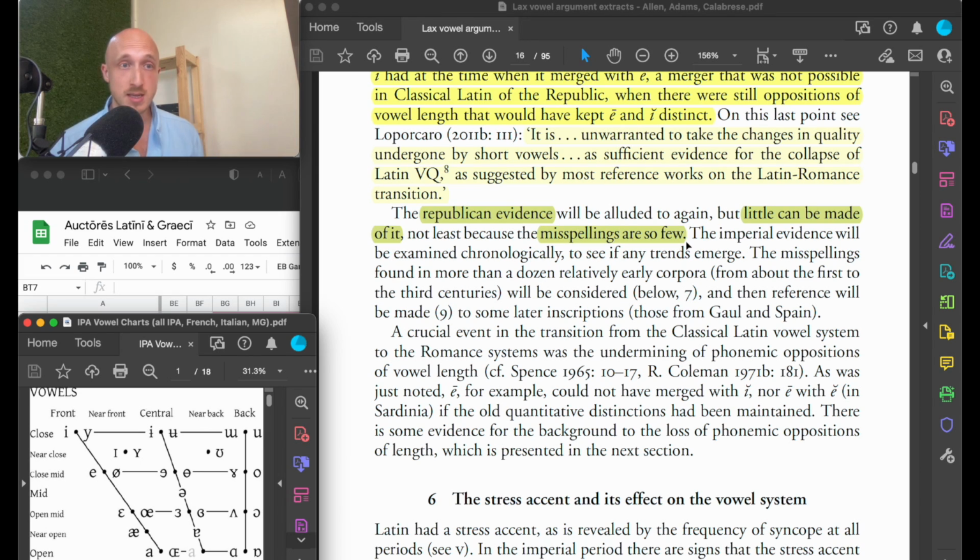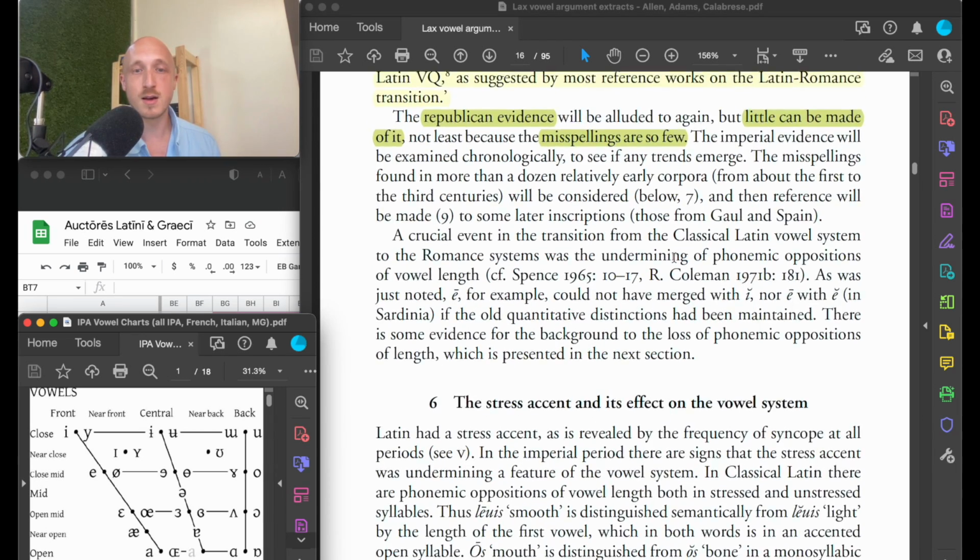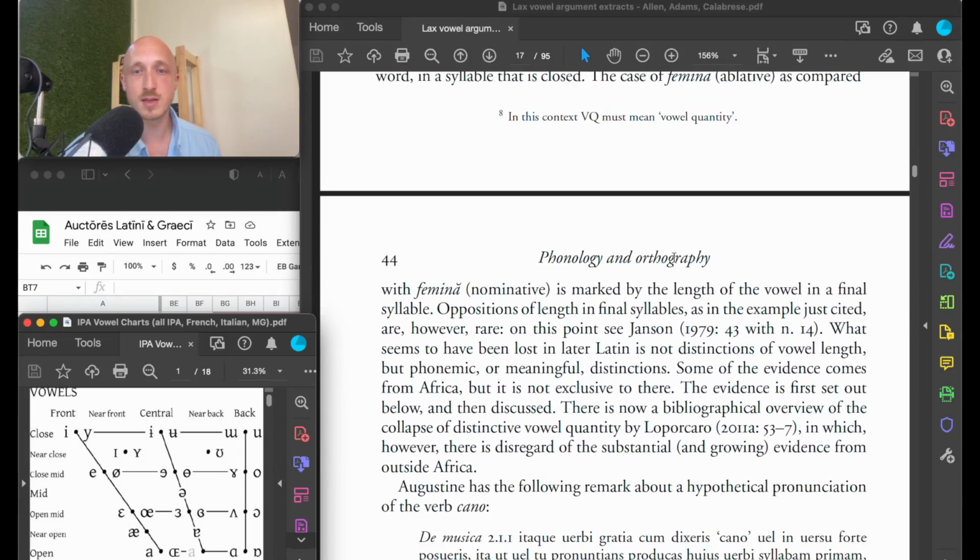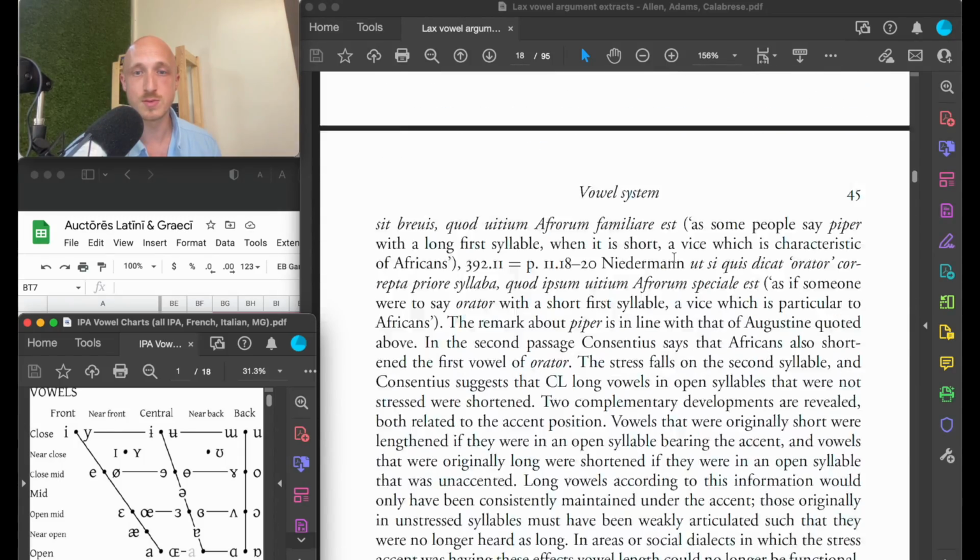And there can be many explanations that go beyond some kind of phonemic quality contrast, especially one that might anticipate the Romance mergers, which they absolutely don't. So Allen's mentioning of them seems like a slam dunk for him, but in actuality, little can be made of them.